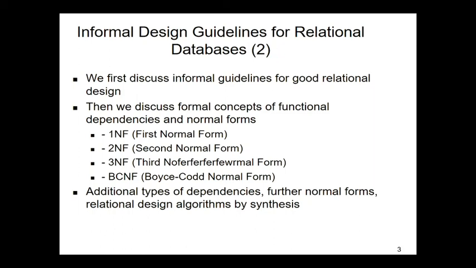In reality, we can actually go up to 6 numbered ones: 1, 2, 3, 4, 5, 6. Then they found problems with some of those, so you have things like Boyce-Codd. In reality, you could probably get up to 10 different iterations of normalization.